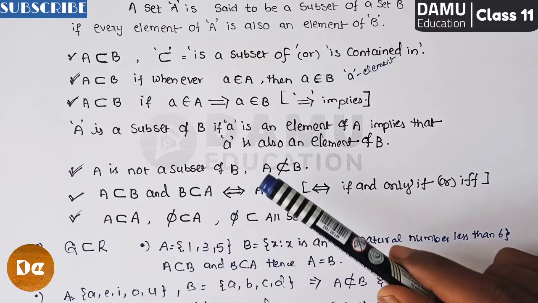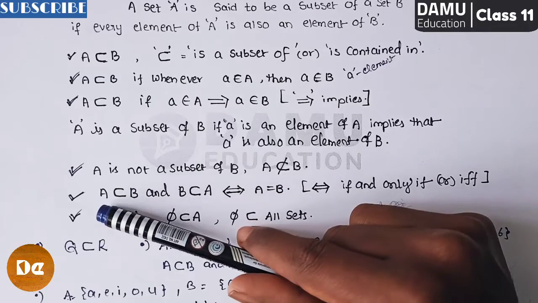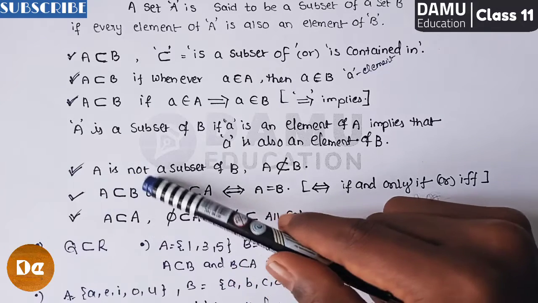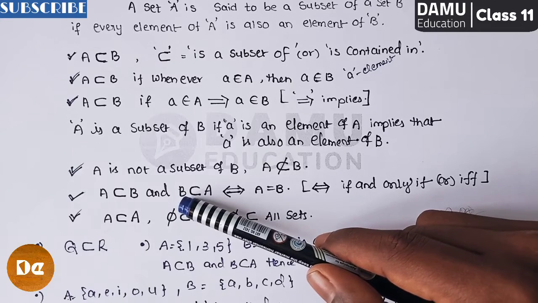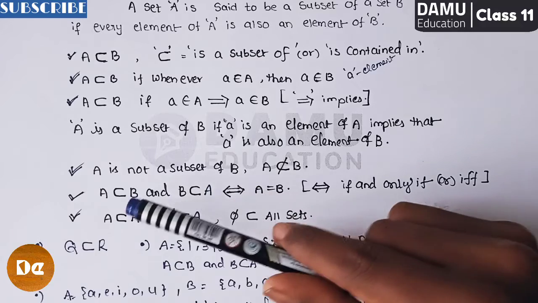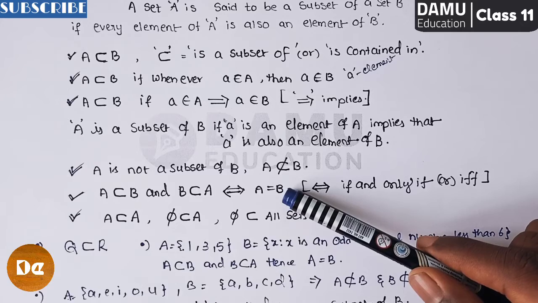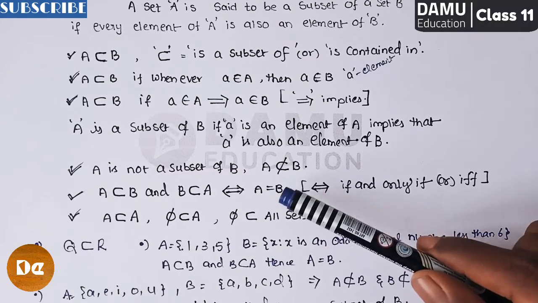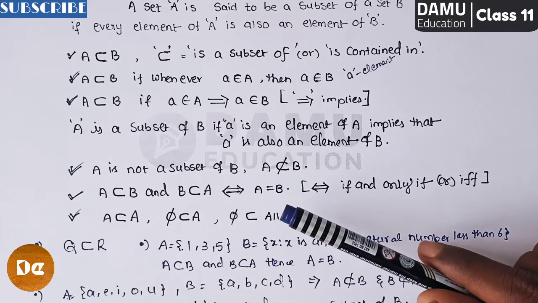If and only if A equals B. All the elements which are presented in set A will also be contained in B, and all the elements which are presented in B will also be contained in A. That is A subset B, B subset A. That means they are equal. Whatever is presented in A is presented in B, and whatever is presented in B is also presented in A. That means the two sets are equal sets.